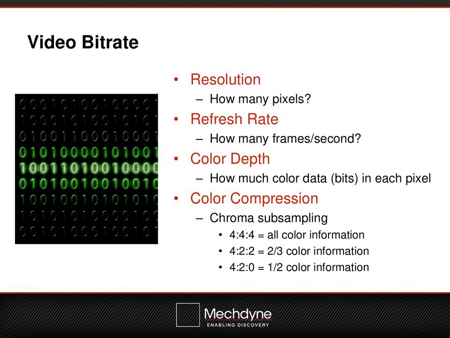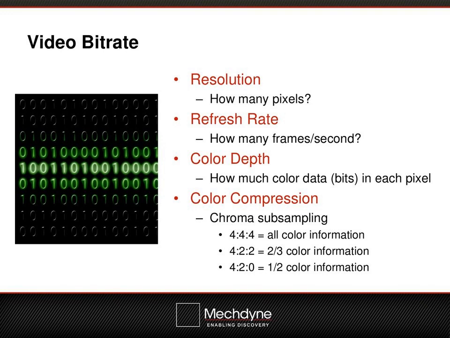So we might talk about 10-bit color, or 8-bit color. 8-bit color has been kind of the de facto standard for a long time, but we're beginning to see more people look at 10-bit color or 12-bit color because they want a much deeper color palette to work with. And of course, the more data that you add to each color, the more total bandwidth, or the higher the video bit rate.